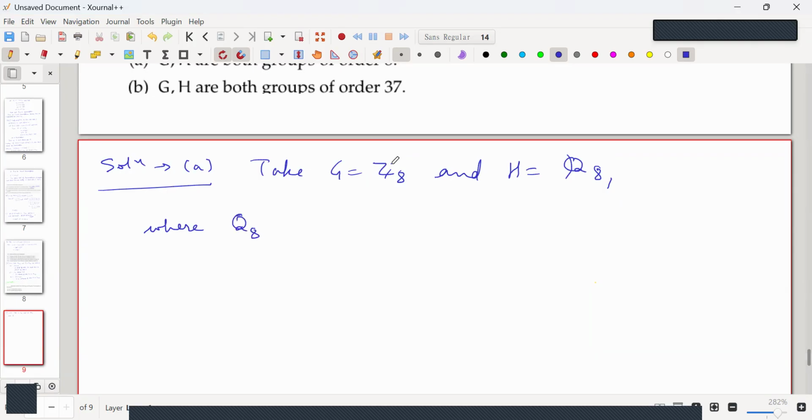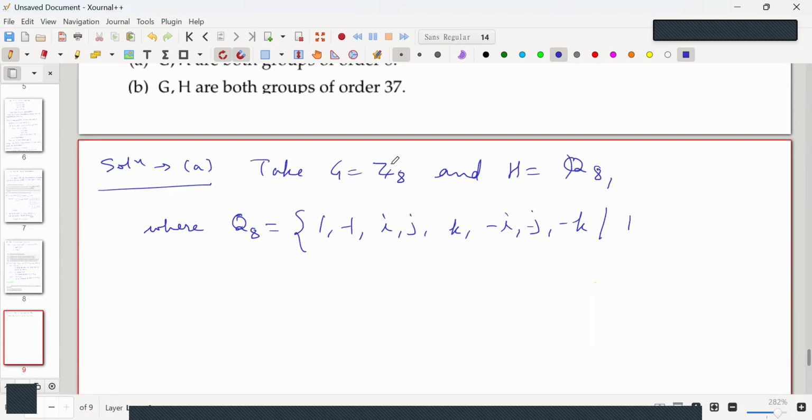Okay. So Q8 is {1, -1, i, j, k, -i, -j, -k}, and it has many properties.